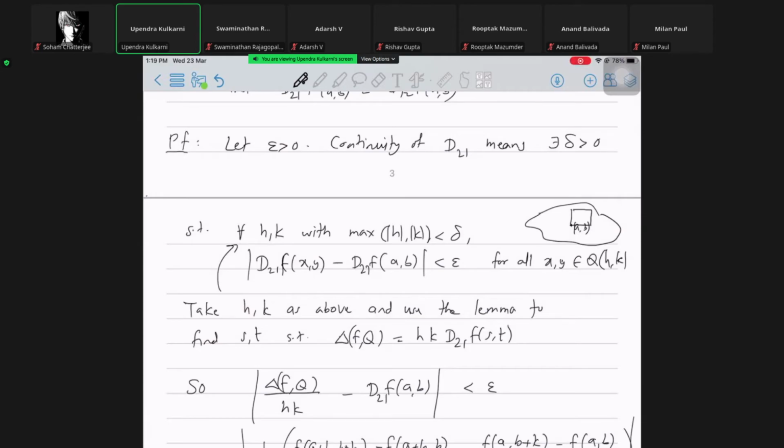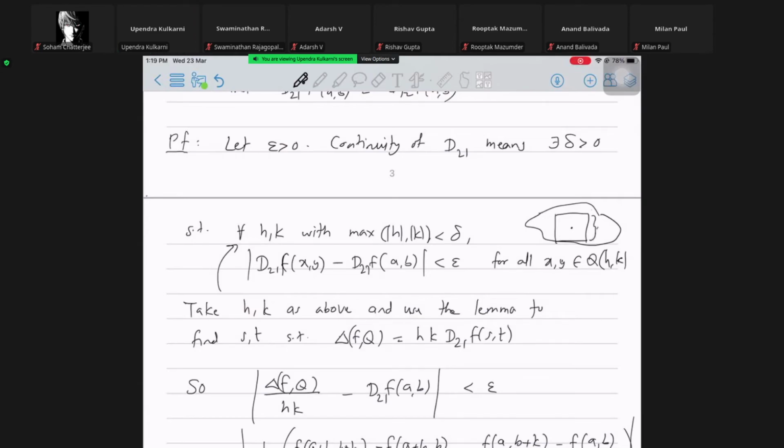The first thing that I have is this delta in each direction. The maximum of h and k less than delta means I'm allowed to go delta in each direction.